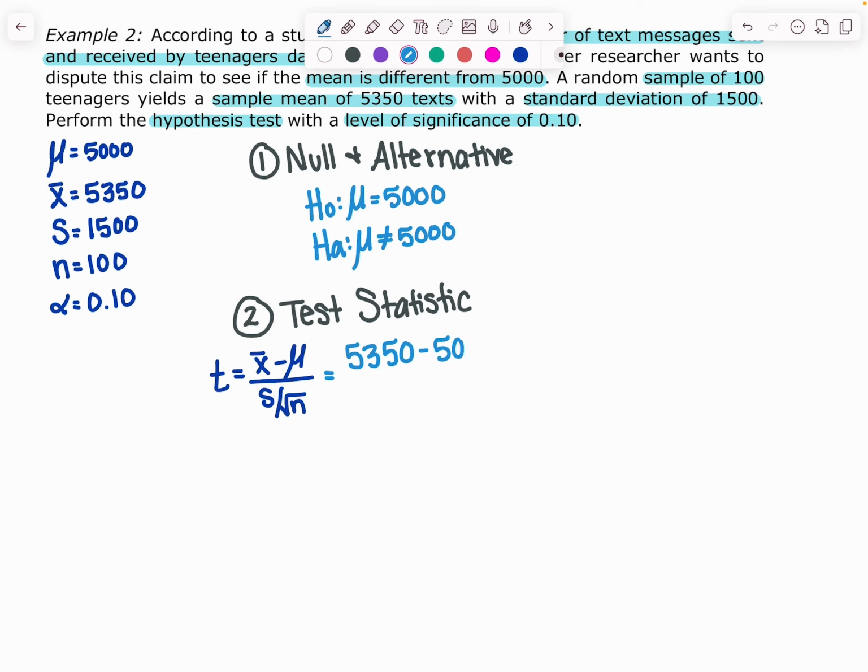Mu is 5,000, divided by 1,500 over the square root of 100.